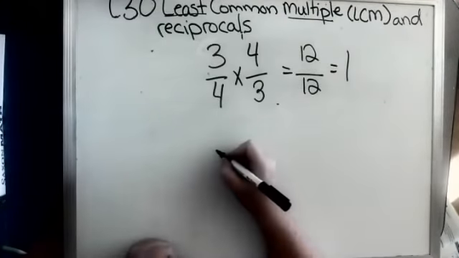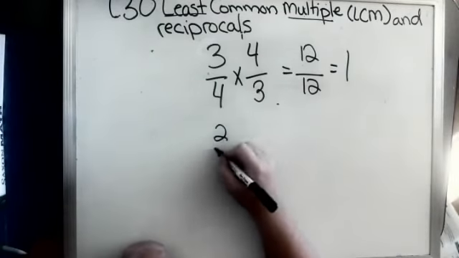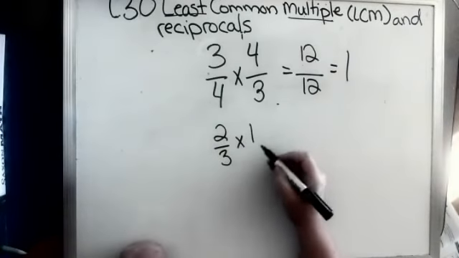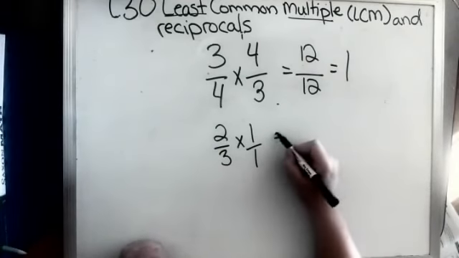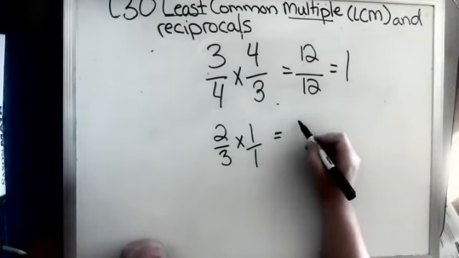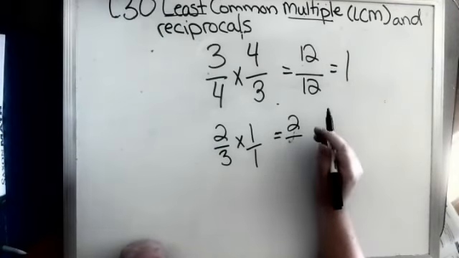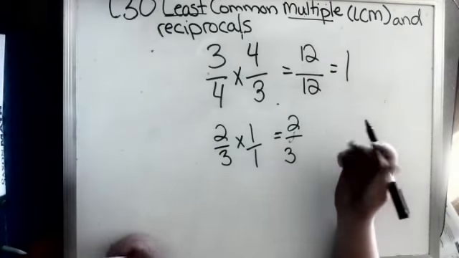I'll do one more underneath so that you can watch. If you have 2/3 times 1, remember a whole is just written with 1 as your denominator. So this would equal 2/3. And does that work?